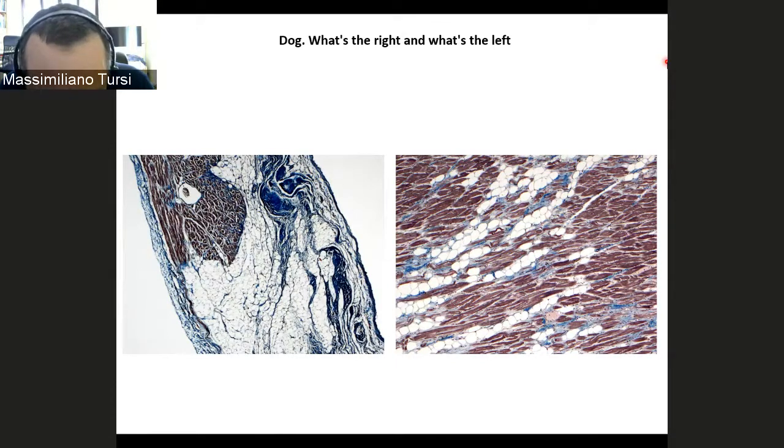Much of the information arrives from experimental investigation, because they use the toxic, they kill the animal, and then they study the myocardium. But in the clinical situation, sometimes it's not so easy to link the toxic and the effect.